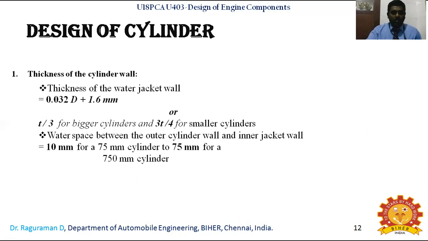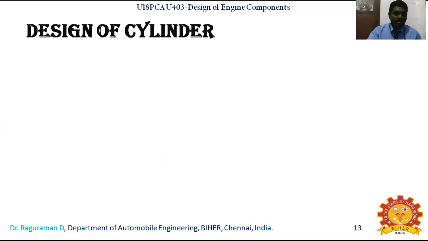The water space between the outer cylinder wall and the inner jacket wall will be 10 mm for a 75 mm cylinder, and varies to 75 mm for a 750 mm cylinder. Otherwise, you have the empirical relation 0.08 D plus 6.5 mm, which you can also use to identify the thickness for different sizes of cylinder.